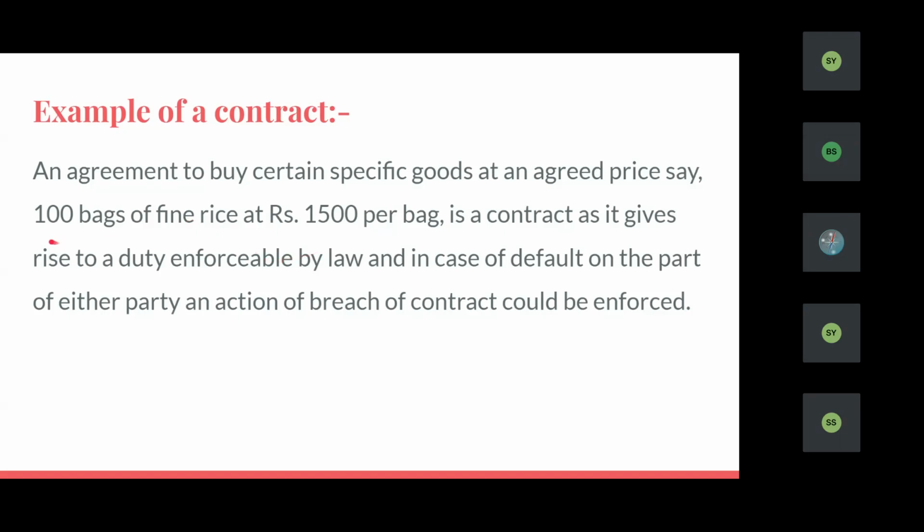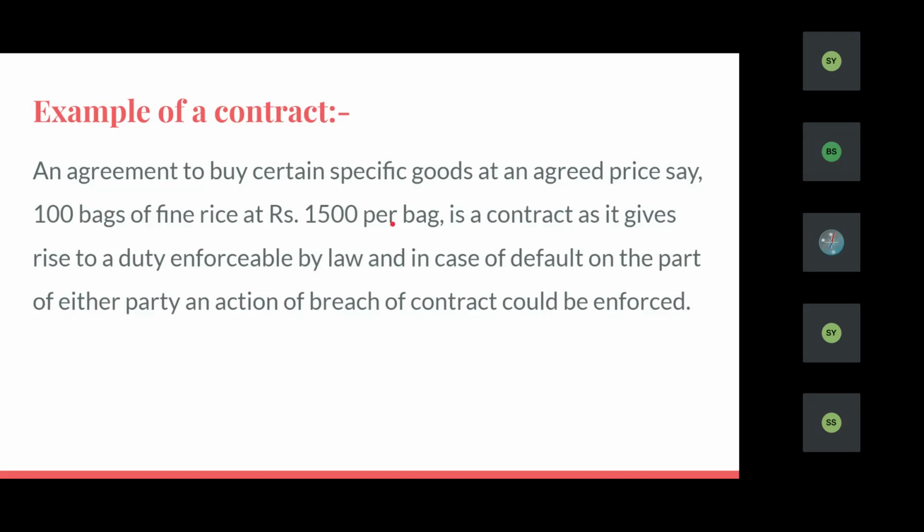Just imagine you have paid the whole price, 100 into 1500, in advance to the trader. You told him, today is 8th, you provide me on 15th. On 15th you are waiting for the delivery of 100 bags of rice, and you see that it is not delivered.